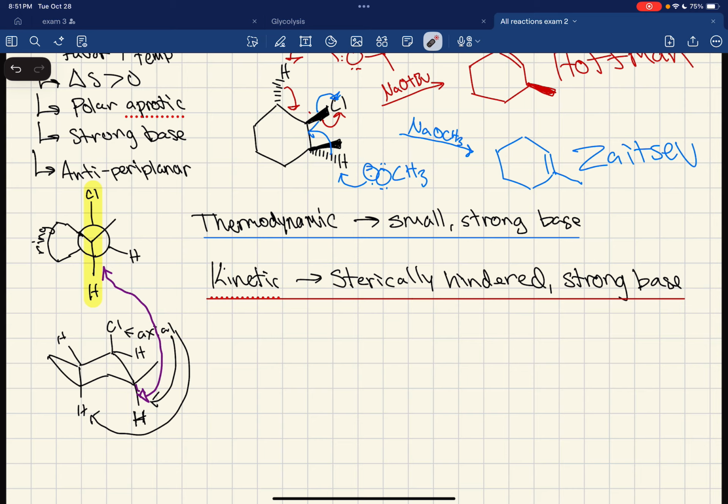So that means it can be eliminated. When it's a ring like this, the two substituents also need to be axial. So chlorine is axial, hydrogen is axial, this hydrogen is axial, so you could eliminate either this or this side. This beta hydrogen or this beta hydrogen.